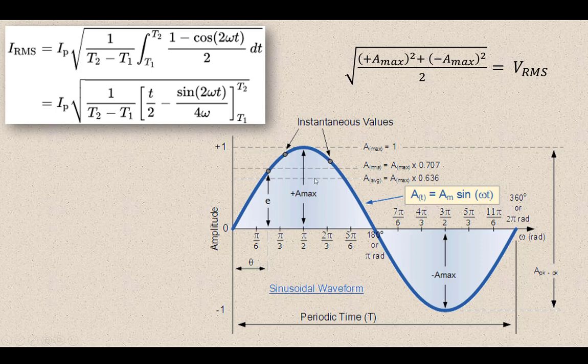So here's the trick. What we do is we square this. I take my peak, or my max, square it, and then I take this negative peak and I square it too. This is the trick we use in statistics. If you want a negative number to count because it has some value to it, you square it. And now if you square a negative number, it becomes a positive.